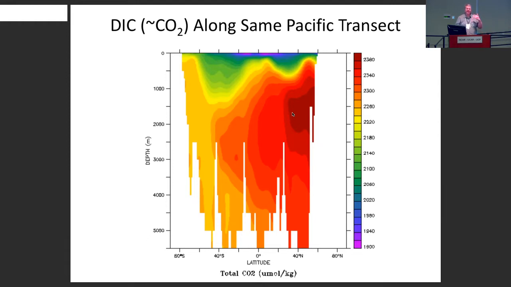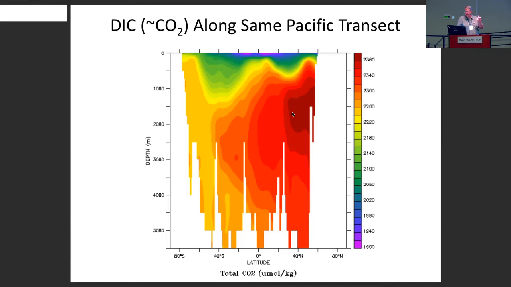However, DIC also has exchange with the atmosphere. This is how the ocean plays a role in regulating the atmospheric concentration of CO2. So DIC has two hats. It looks kind of like the nutrients because of the biological imprint on DIC, but it also looks like dissolved oxygen because it has a temperature-dependent solubility with gas exchange.